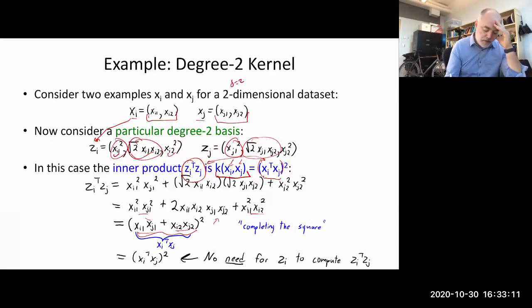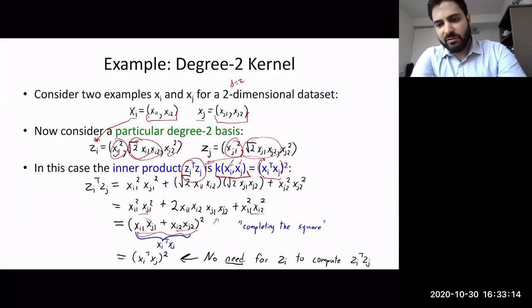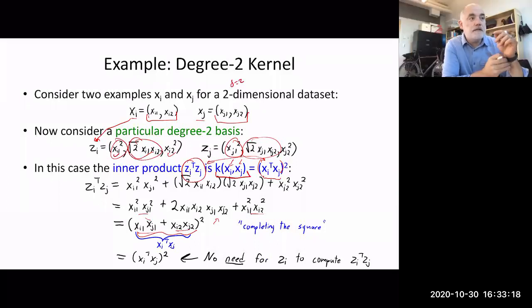Okay. Will every basis transformation have an equivalent kernel function? There are basis transformations for which kernel functions have not been found.